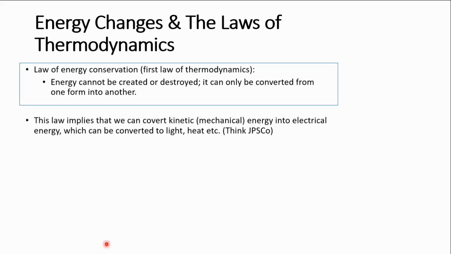And if you have a coil cutting a magnetic field, you could end up with electrical energy. So you have converted your potential energy, which is stored in the bonds of the fuel, into heat energy, into mechanical energy, and then into electrical energy.